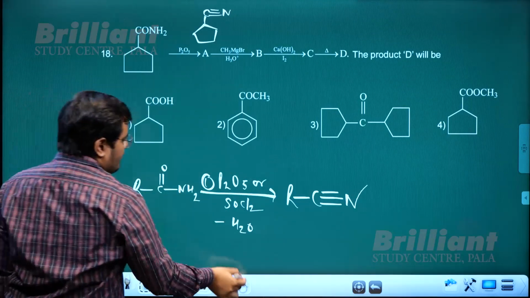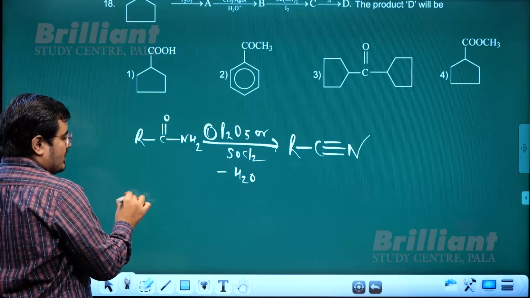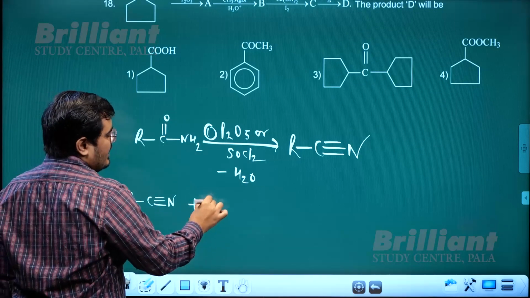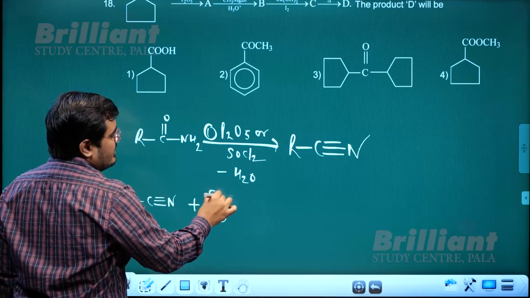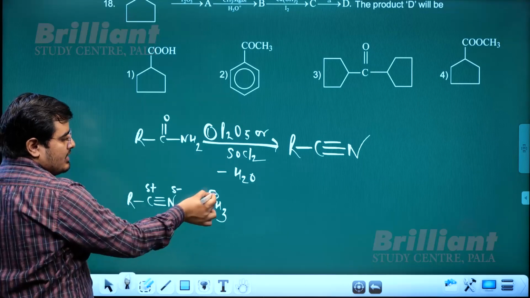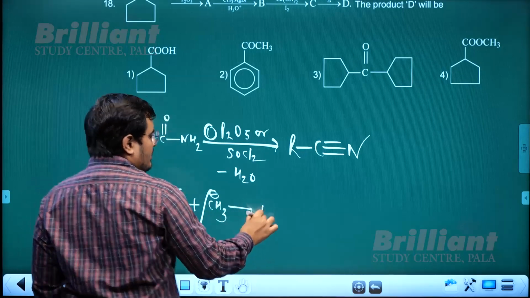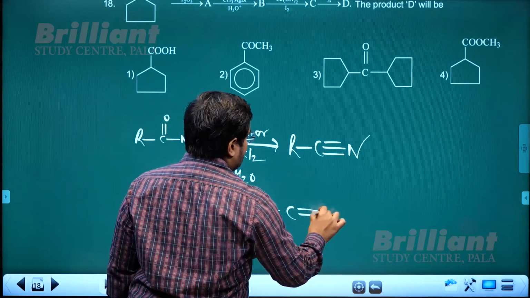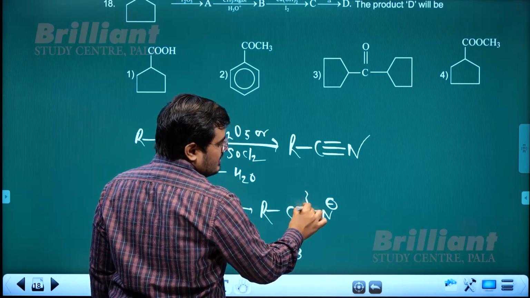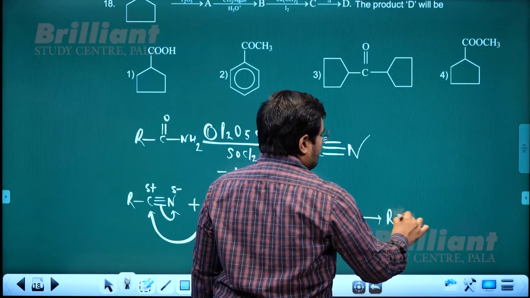Now, one reaction which you must have learnt in the aldehyde ketone chapter: when you have a nitrile and you add a Grignard reagent, let's say CH3MgBr, we know this is the electrophilic center and this is the negative charge, so the CH3 minus can attack here. One of the pi bonds will move onto nitrogen, so this will become RC triple bond N minus and CH3, and this is later hydrolyzed to ketones.